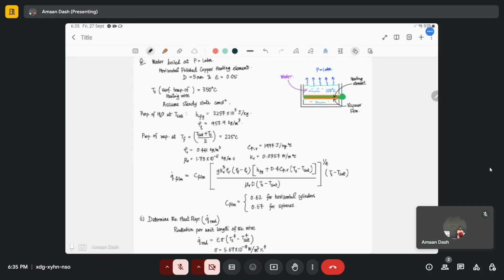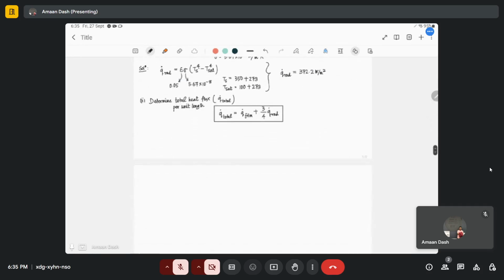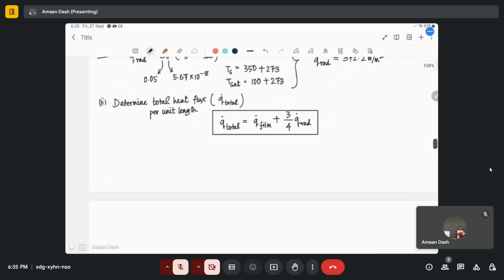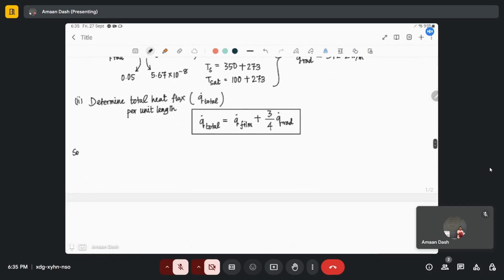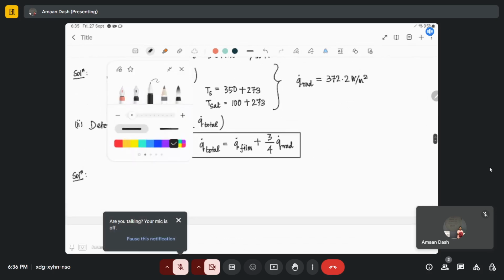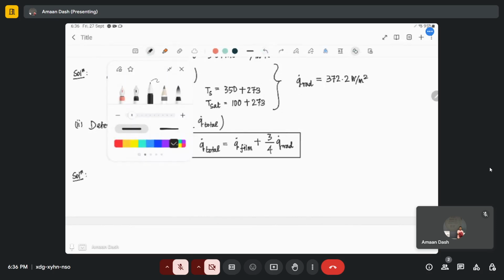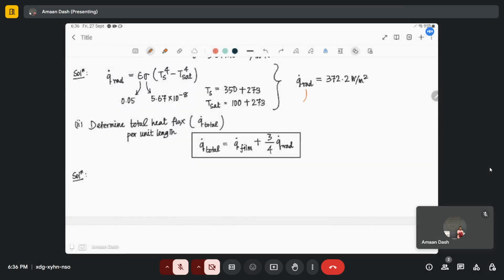Okay, so let's see. We already have Q radiation, so we can directly substitute it from here.